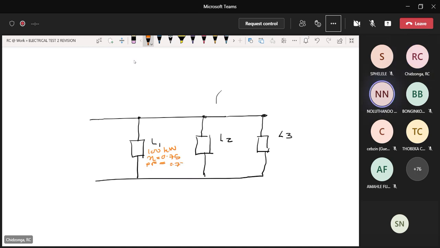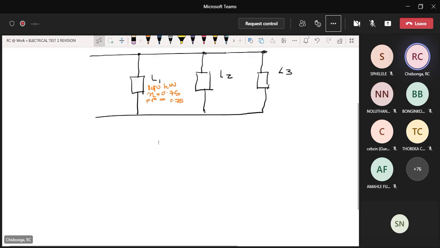Now you see, we are receiving 110 kilowatts as output, but we are losing 25% because the efficiency is 0.75.